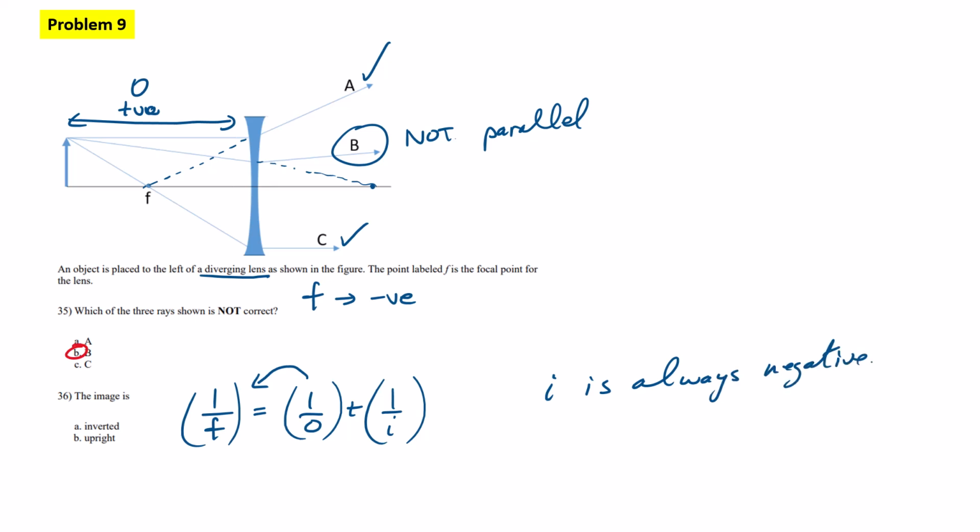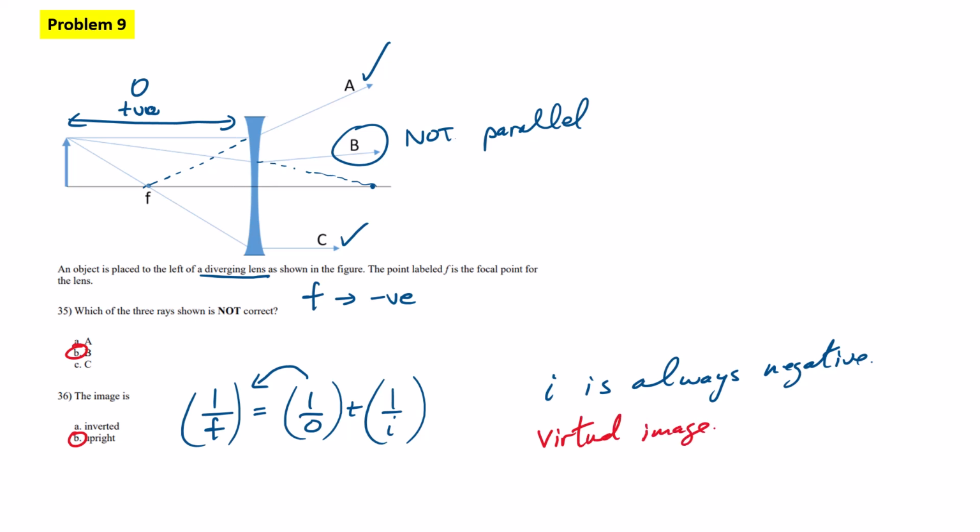If I is negative, that automatically tells you that the image is going to be upright, and the image is going to be to the left of this lens, on the same side as the object. So this is also called a virtual image.